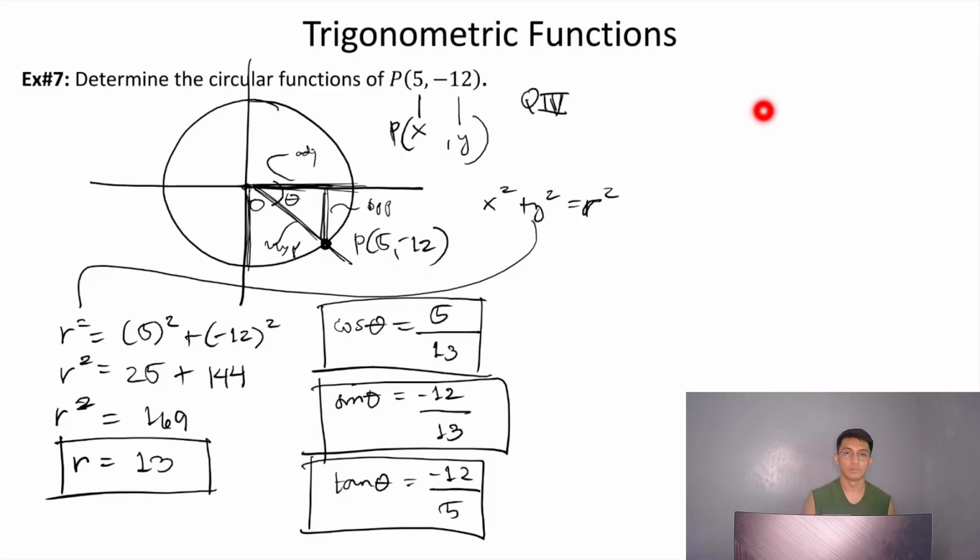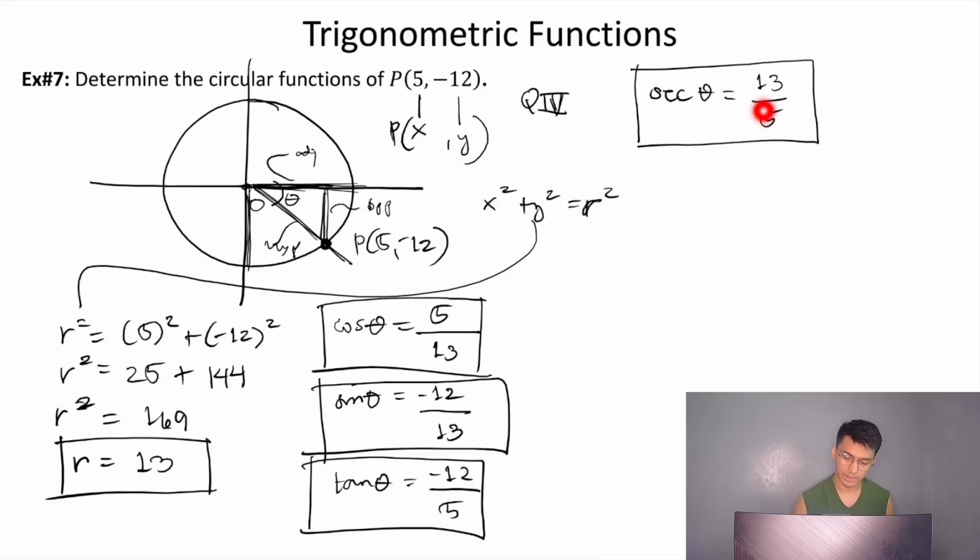Now, for the secant theta, ito. Secant theta is the reverse function of the cosine theta. So we have 13 here over 5. Ayan. And we have cosecant, the reverse function of sine.